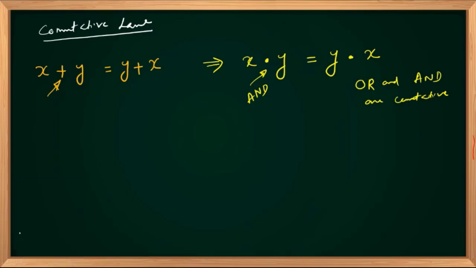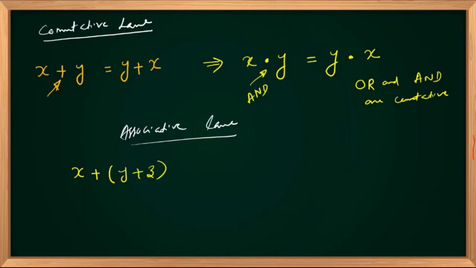What is associative law? That is also very simple. Instead of two variables, we have, let us say, three variables: x, y, and z. I'm taking the OR operation between y and z first, then I'm taking OR with x.